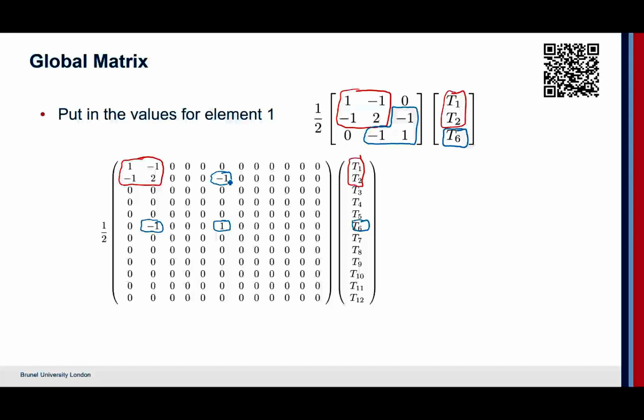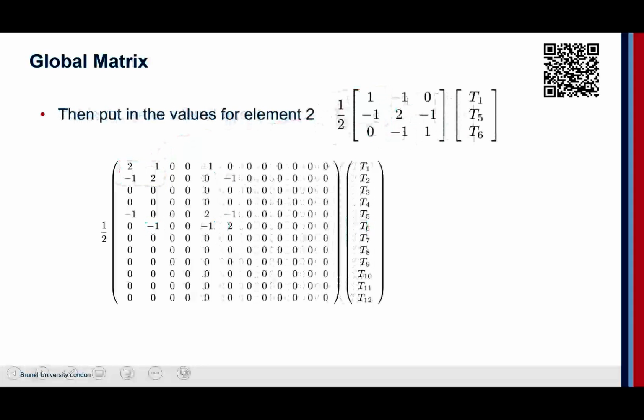The reason we have them at these points is because we've got the 6 component interacting with the second one, and the 6 component here for that. So you put them into the global matrix. We do the same thing for element 2. That's what I did earlier. So the next step is to put in the expressions for element 2, which are 1, 5, and 6.